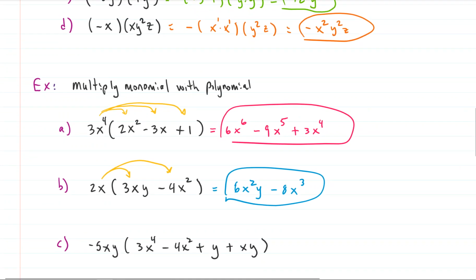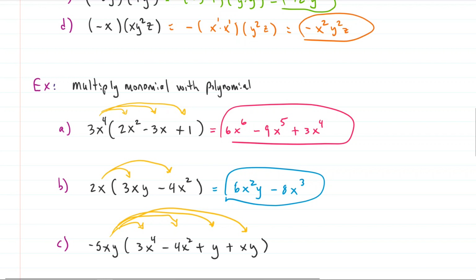Not an issue. This one looks like it's our longest so far, but we're still the same idea. There's a monomial out front, and we're multiplying it by a polynomial, and this one has 4 terms. But we still just multiply through each of the terms and then combine.